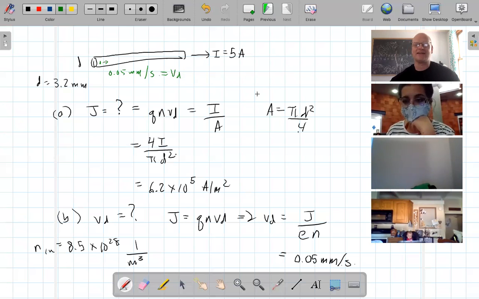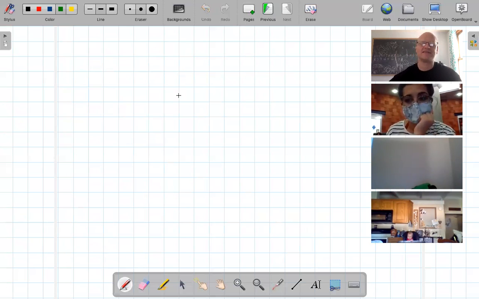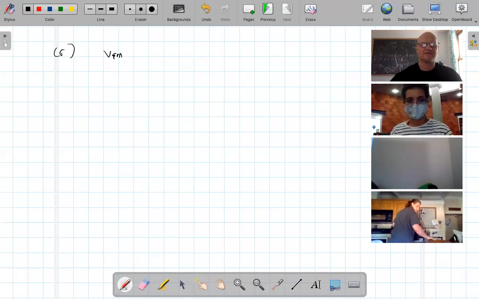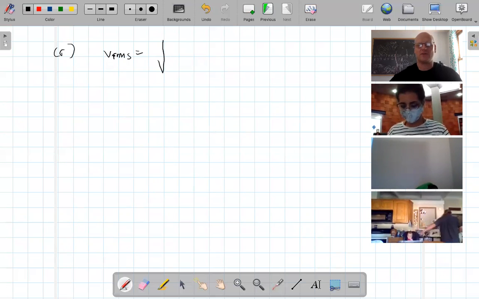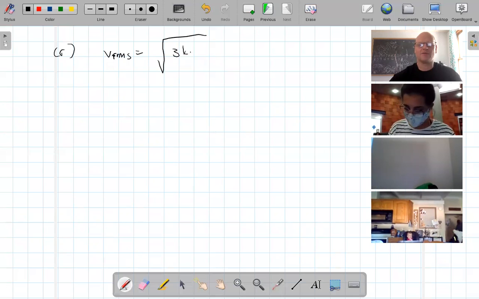Now, to make a better point out of this, part C wants us to look at the RMS velocity of the electrons moving inside of the wire if we assume it's an ideal gas. Remember that the RMS velocity from last semester is equal to the square root of 3 times Boltzmann's constant times the temperature in Kelvin divided by the mass.